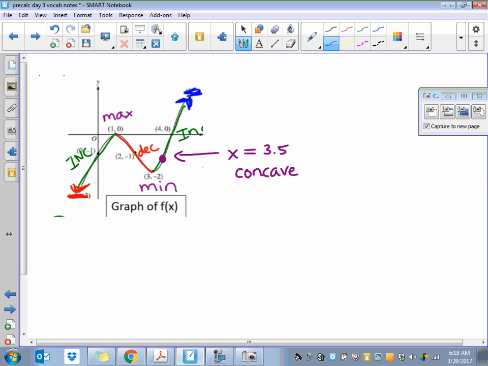I would say that the function is concave up at that section. It's curved more like that. Versus maybe here, if I was looking at x equals 0.5, it's more of a concave down, where the graph is curving up that way.